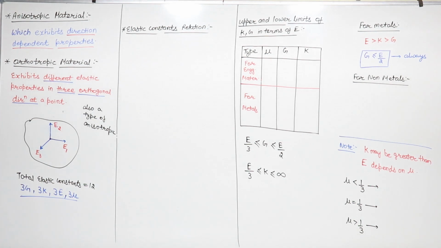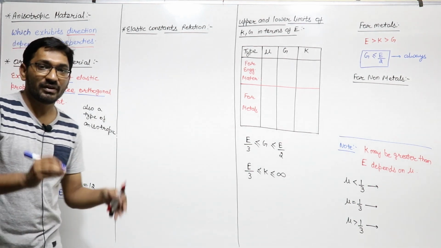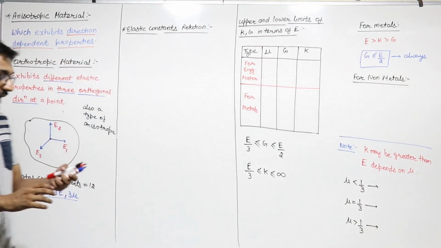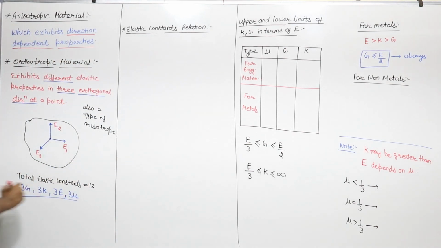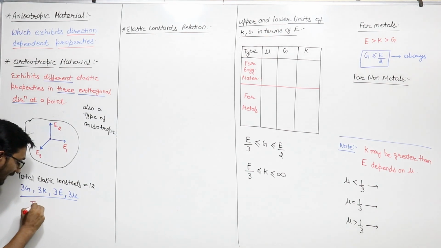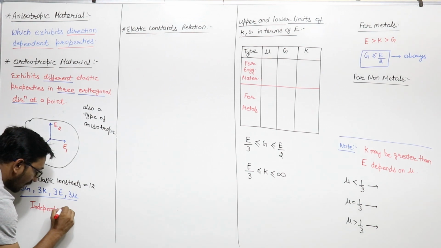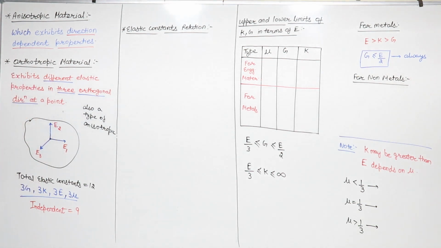We have these 12 elastic constants in the case of orthotropic material, and out of these 12, independent are 9, right? Independent elastic constants are 9.